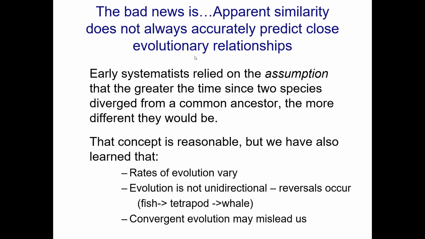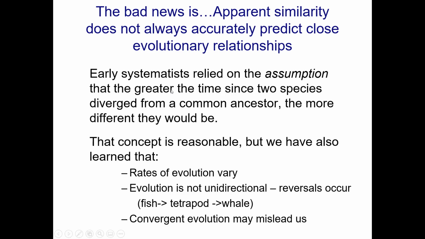What I mean is there are cases where two things that look really similar turn out to not be that closely related. And in the next couple slides, I'll give you a couple examples of this.